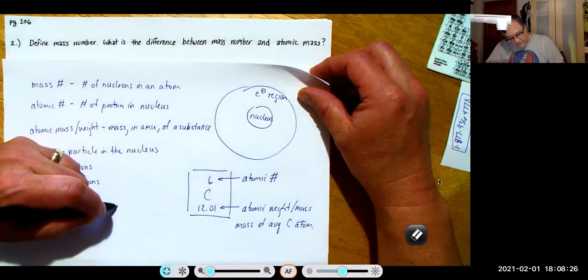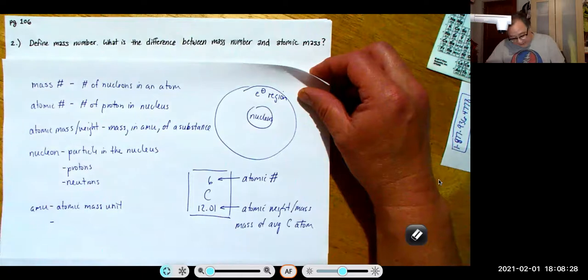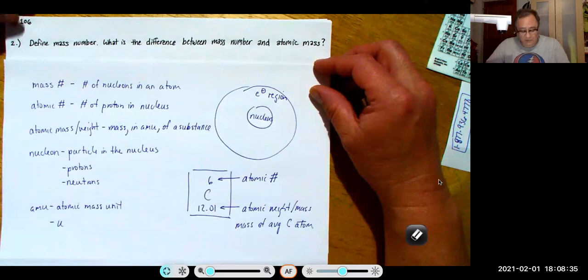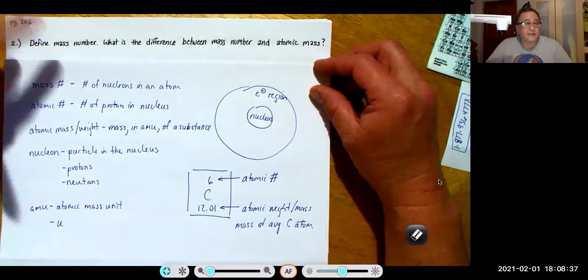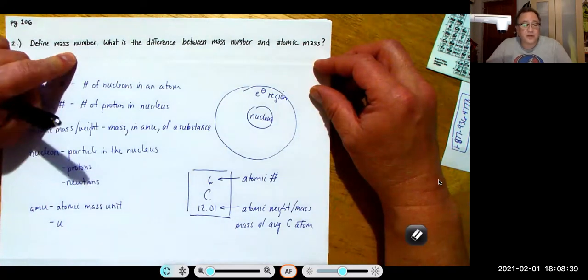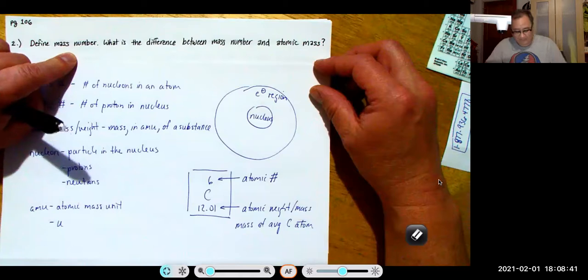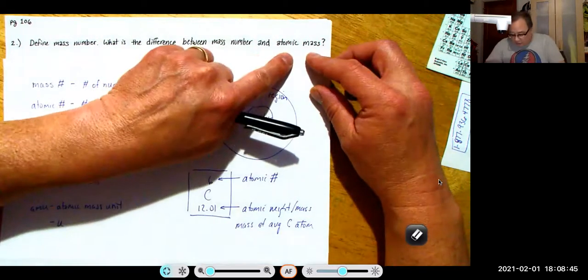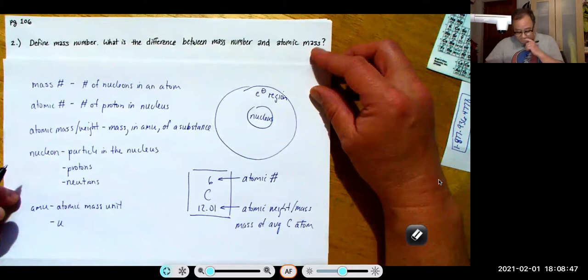There is another abbreviation for AMU, and it is U. I like to use U because it's simpler to write. Okay, so mass number is the number of nucleons, which means the number of protons and neutrons. Atomic mass is how much one of these things weighs.